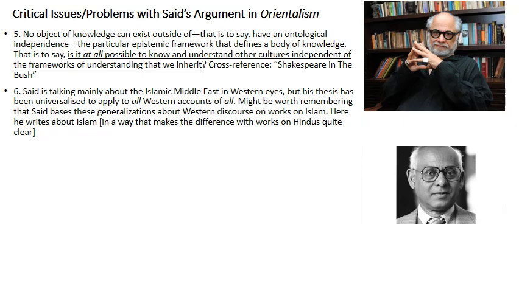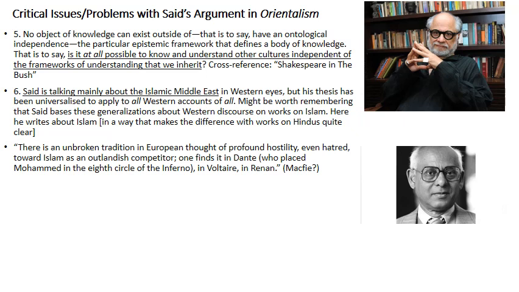Here he writes about Islam in a way that makes the difference with works on Hindus quite clear. There is an unbroken tradition in European thought of profound hostility, even hatred towards Islam as an outlandish competitor. One finds it in Dante, who placed Muhammad in the 8th circle of the Inferno, and Voltaire in Renan, etc.